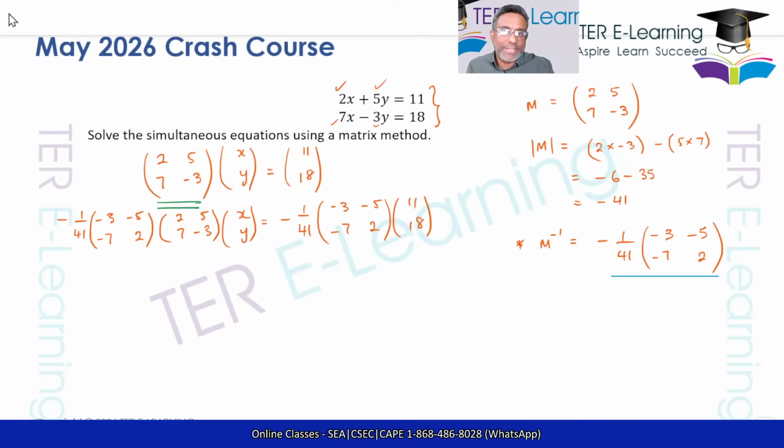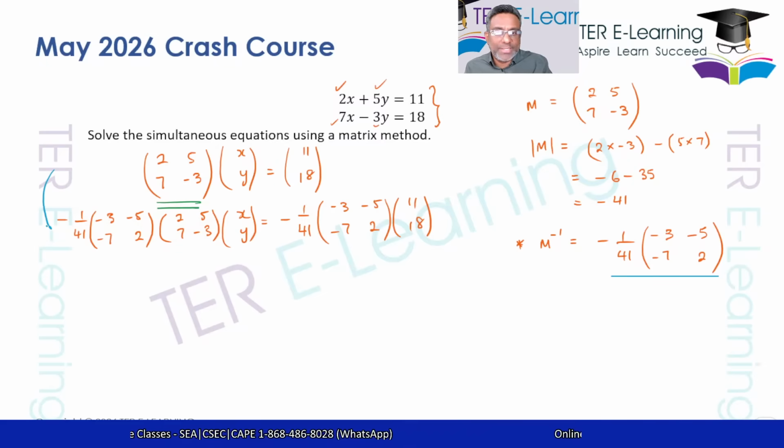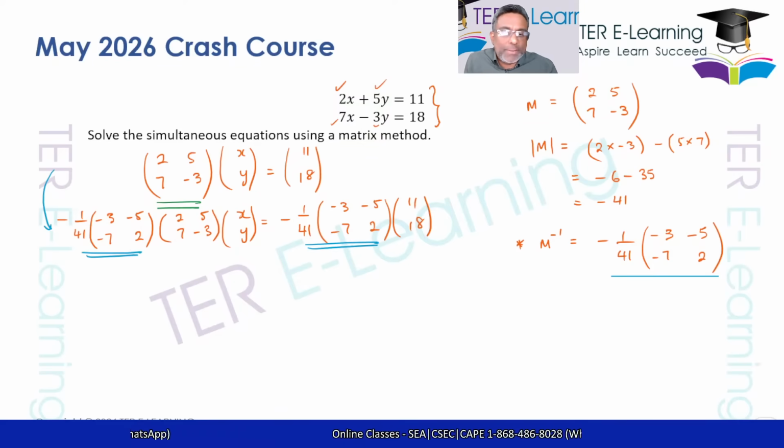But the only thing I've actually done here, guys, the difference between this line and this line is that I've added this here. I'm multiplying both sides of the equation by the inverse.